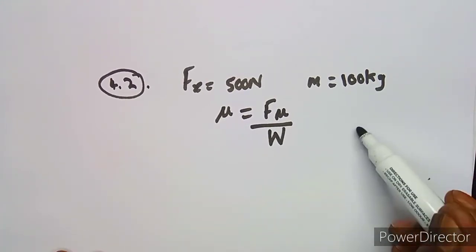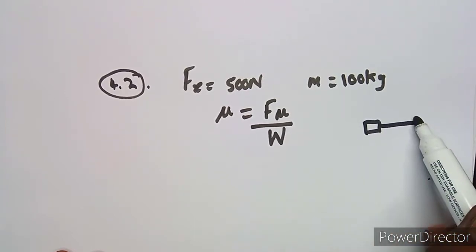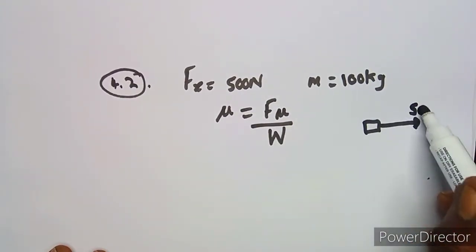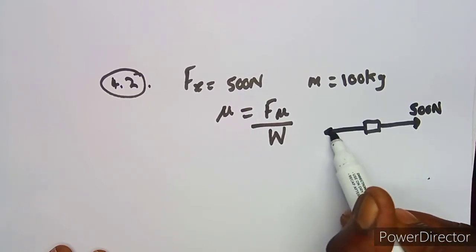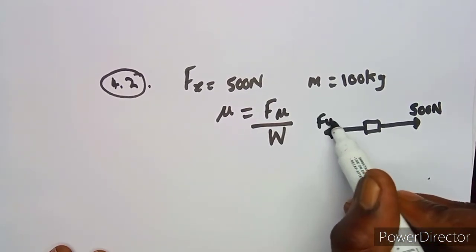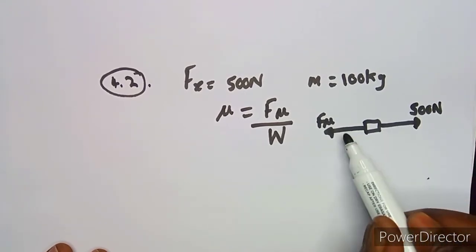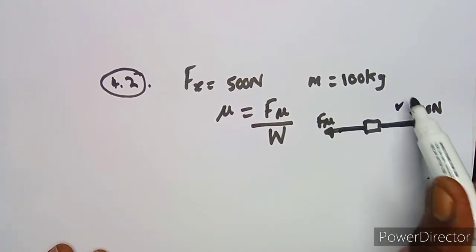The frictional force, because it's moving on a horizontal surface, maybe it is going this direction. This is the horizontal force, which is 500 newtons. Definitely there is going to be a force which opposes it here, which is the frictional force. As you can see, it's going to be equivalent because of the direction. This one is going this way and this one is going this way, so it's going to be the same.